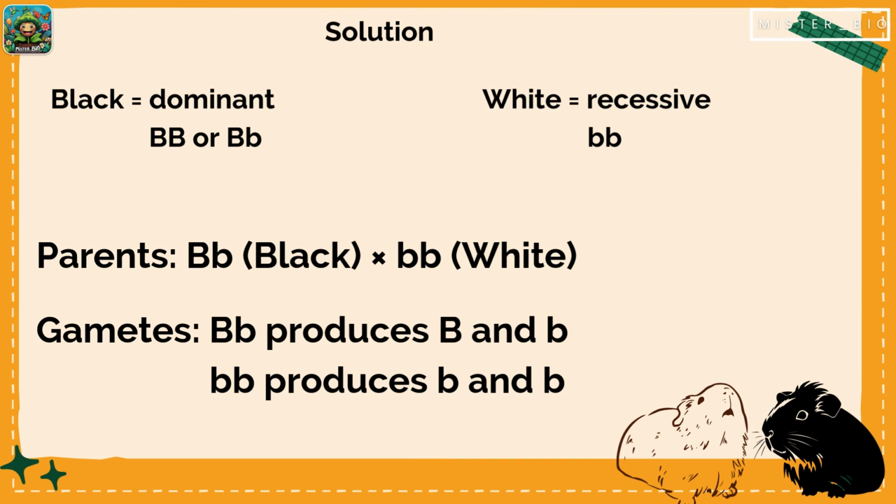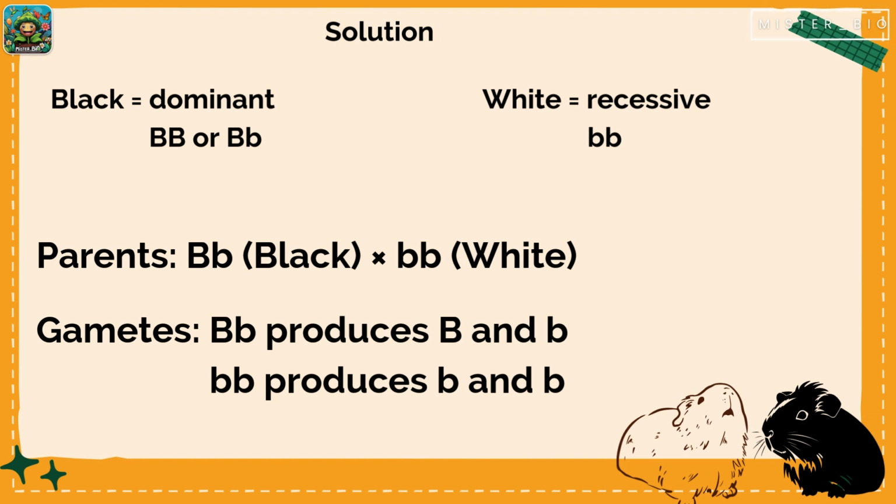On the other hand, the white fur trait is recessive, so a white guinea pig must be homozygous recessive, represented by two lowercase b. The problem tells us we have a heterozygous black guinea pig, one uppercase B and one lowercase b, crossed with a white guinea pig, homozygous recessive, lowercase b's.